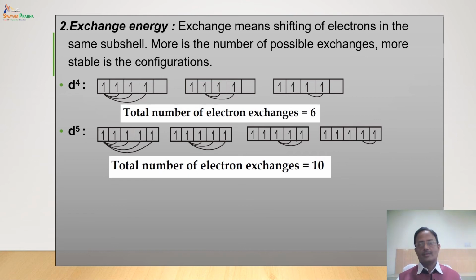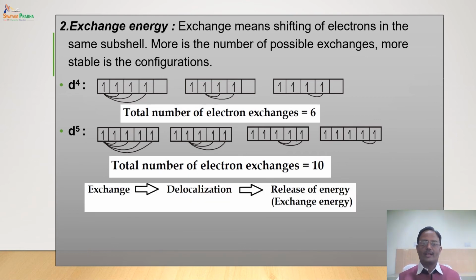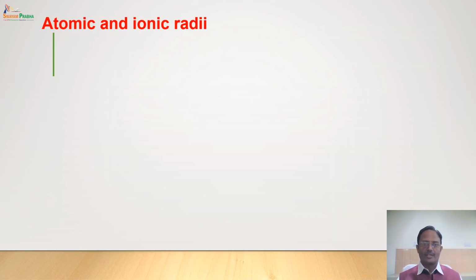And since there are more number of exchanges, there is more delocalization of electrons, and more delocalization leads to more release of energy, leading to extra stability. We know that less is the energy, more is the stability. Hence, increased exchange energy leads to extra stability in d5 as well as d10 configuration.